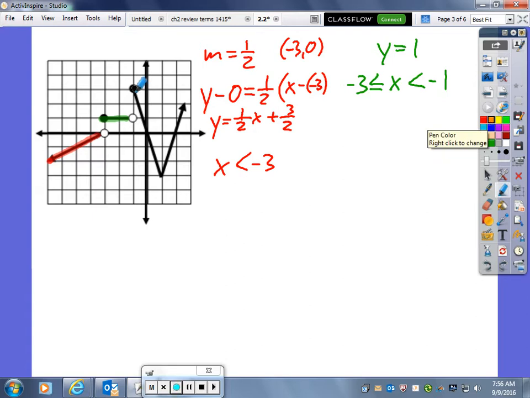Let's look at our last part, which is an absolute value function as we have seen them now for some time. It has a vertex at 1, negative 3. And it has a dilation of 2.